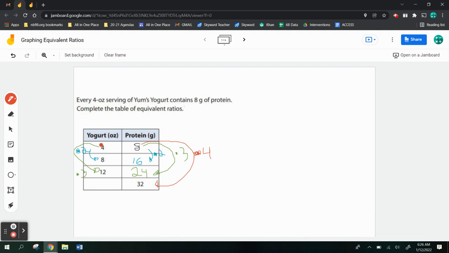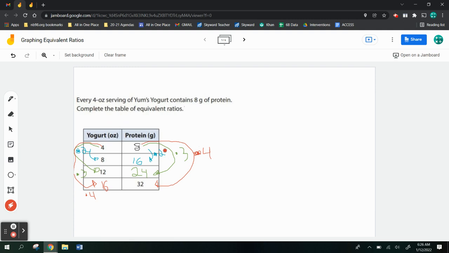So I go over here and do the exact same thing. What's 4 times 4? Hopefully whispered, 16. Again, this is something we did before winter break.